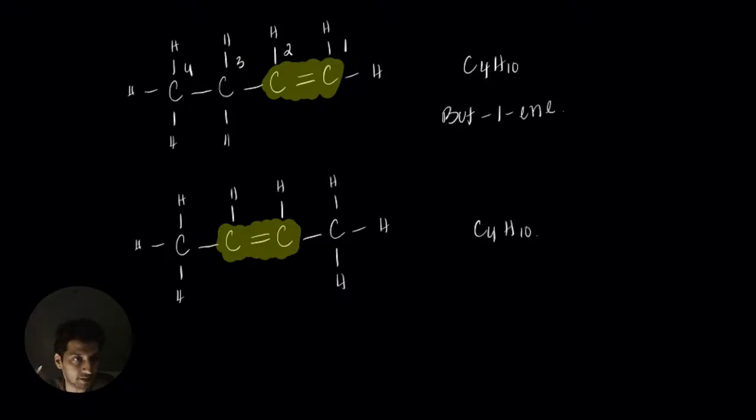Does that make sense? The ene highlights that it's an alkene, or a carbon-carbon double bond. The 1 before the ene highlights where that carbon-carbon double bond is. It's saying it's in the first carbon, which means between the first and the second carbon, right?